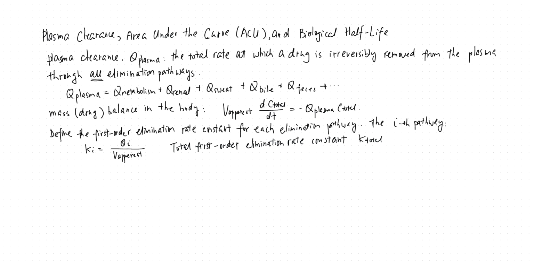So this K total is written as the sum over i of all k_i. Since we know the expression for each k_i is 1 over V apparent multiplied by sum over Q_i, and the sum over Q_i is nothing but Q plasma, the first equation in this lecture is that sigma Q_i is just Q plasma.